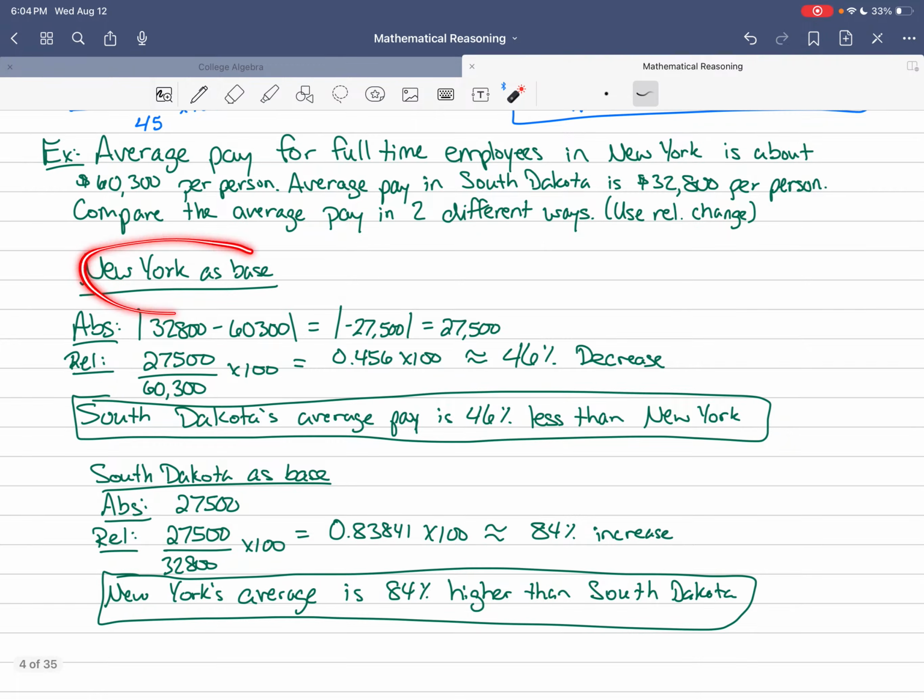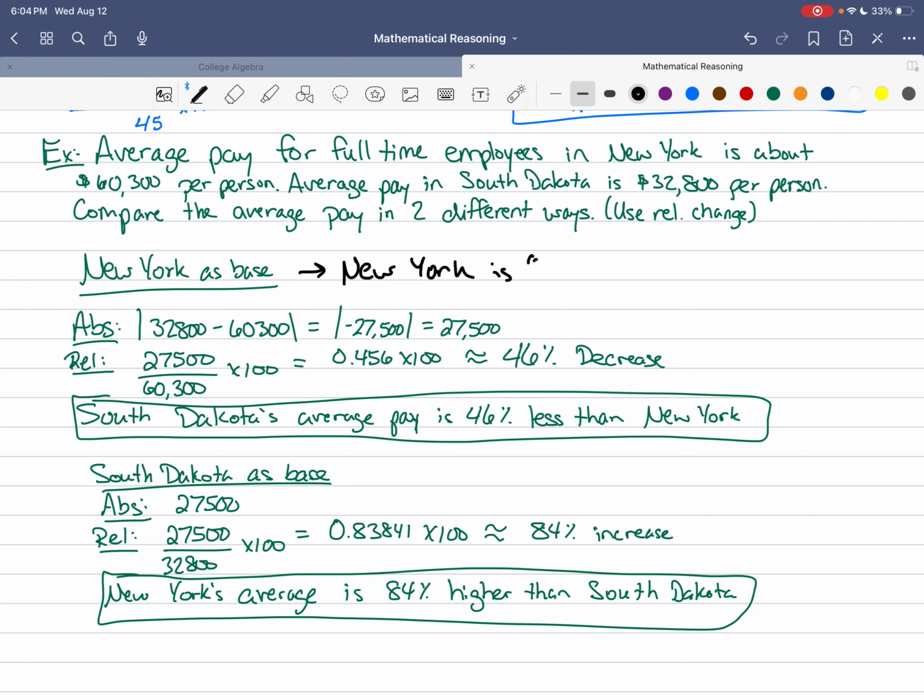So we're going to first use New York as the base. So what that means is New York is the original. So New York is the base because New York is the original and South Dakota is going to classify as the new. So we do the 32,800 minus 60,300 is negative 27,500.